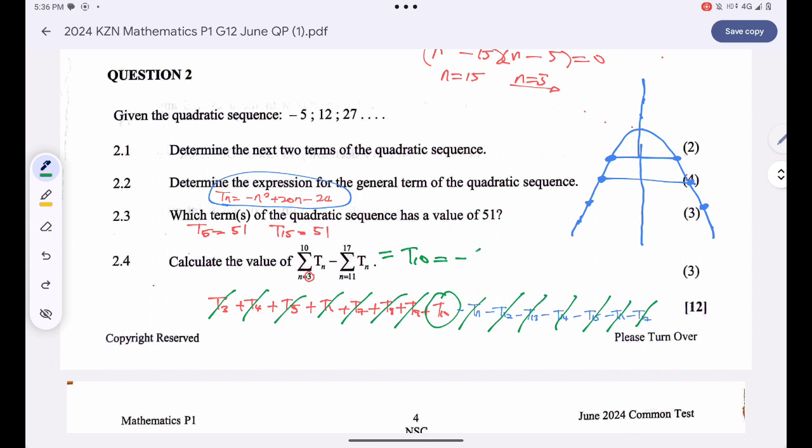And our 10th term is basically negative 10 squared plus 20 times 10 minus 24. This is just equal to 76. So the difference between these two sigma values is just 76.